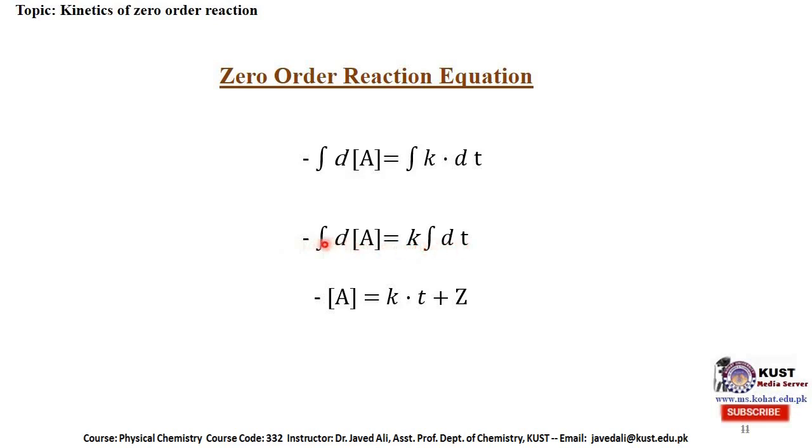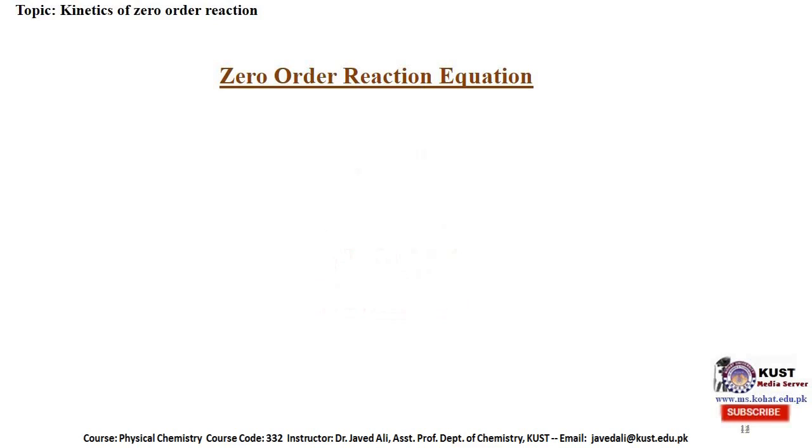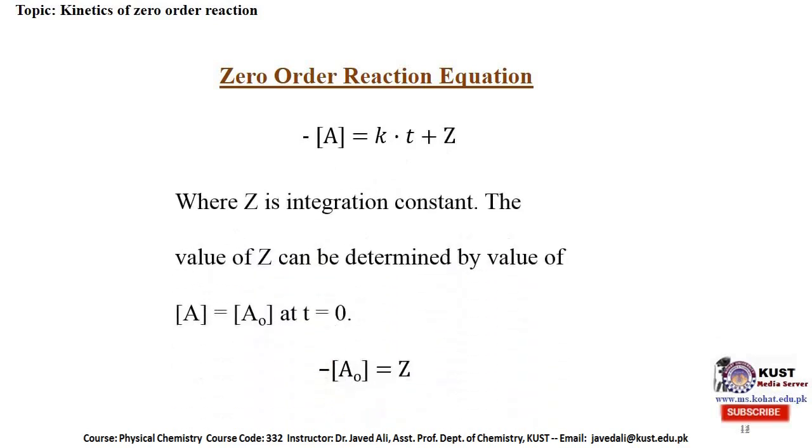We know integration of dA is equal to A, and similarly integration of dt is equal to t. So the equation is now minus concentration of reactant A is equal to Kt plus Z, where Z is the integration constant.